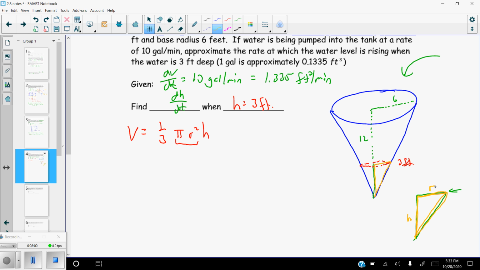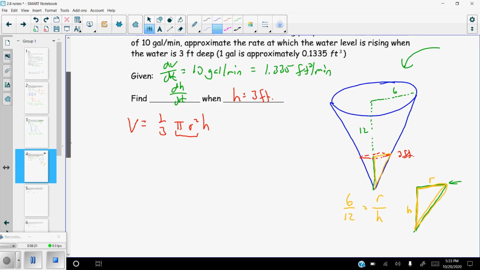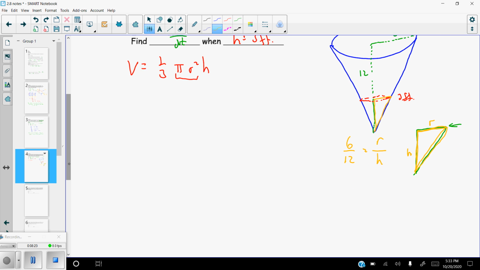So I know that 6 over 12, because that's the radius of the large green triangle over the height of the green triangle, 6 over 12 is going to be proportional to or equal to the radius of the little triangle over the height of the little triangle. Okay, that's properties of similar right triangles, taking us all the way back to geometry concepts. Well, I can go ahead and cross multiply here, so we'll get 12r equals 6h.